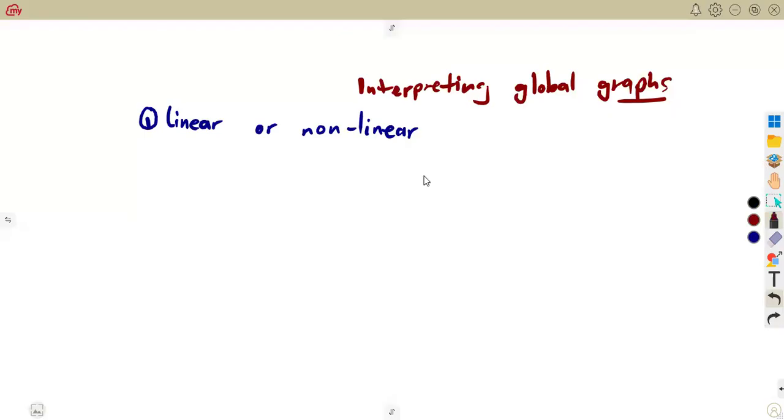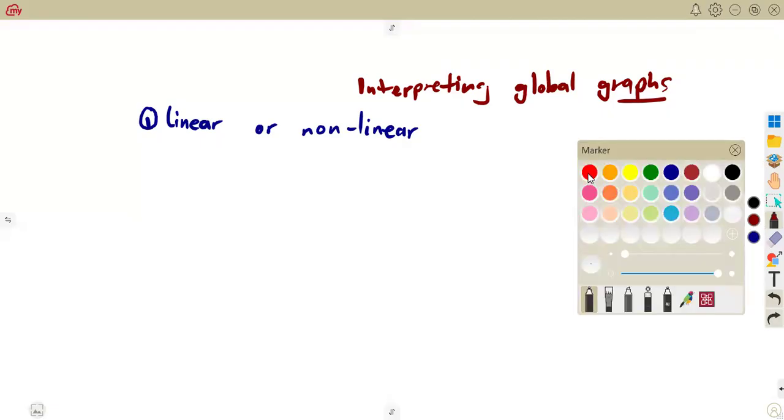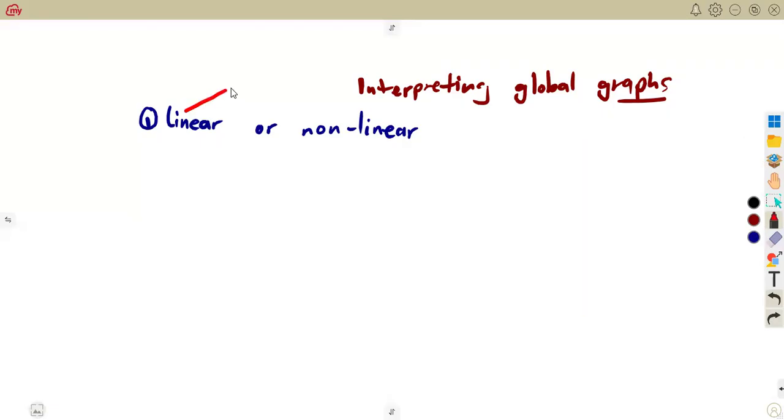From the linear graph, if a graph is being drawn and we are saying this is linear, it is the one which forms a straight line. Whether it is of this nature or whatever, as long as it is a straight line graph. Whereas non-linear, from the word not, it is not linear.